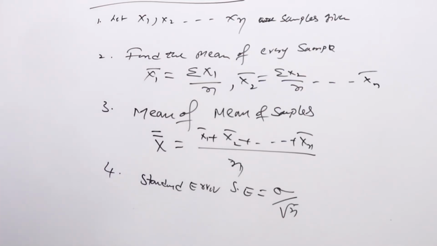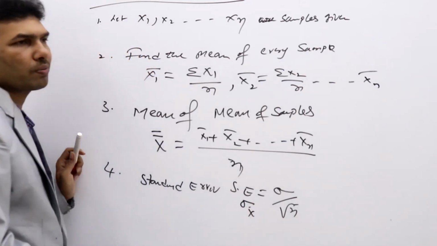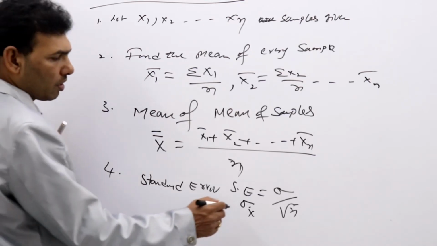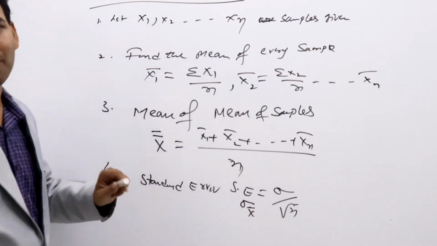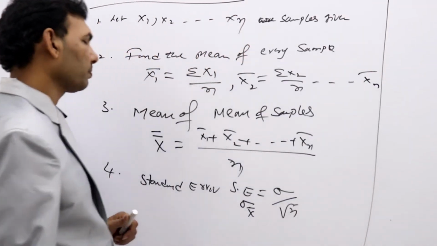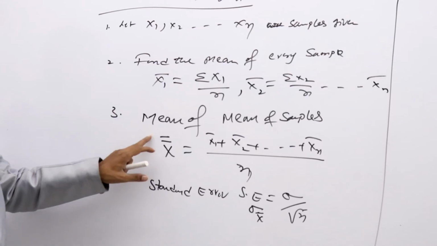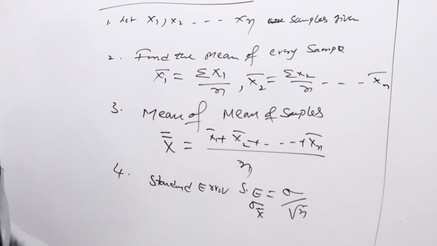Sigma is the SD of the population. We represent this with sigma x bar, the SE of sample means. After calculating this, we have the mean of sample means and the standard error.